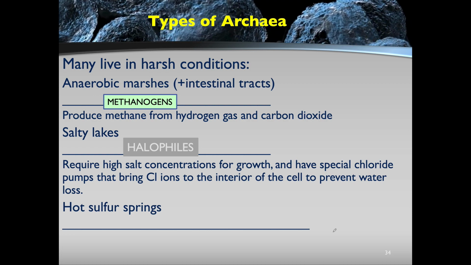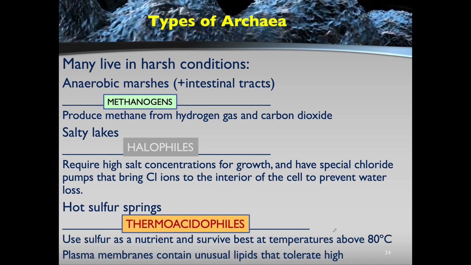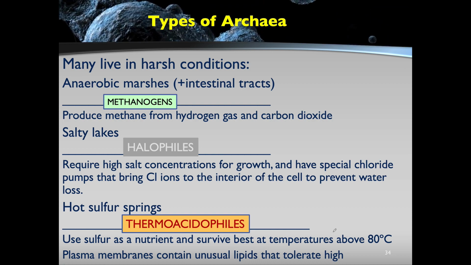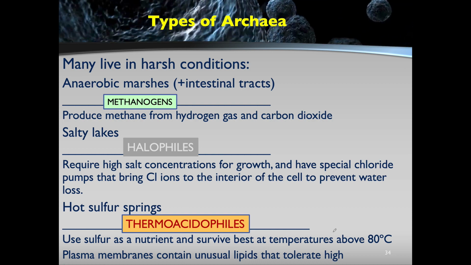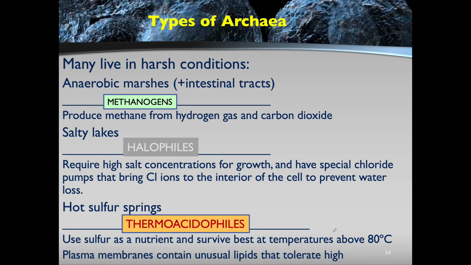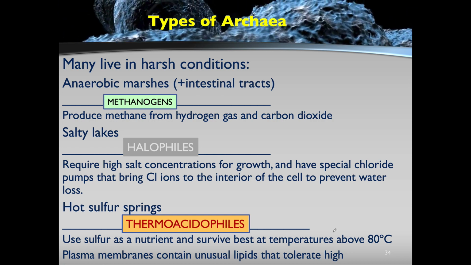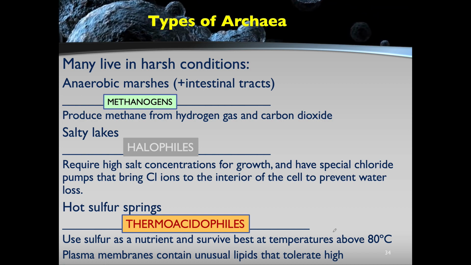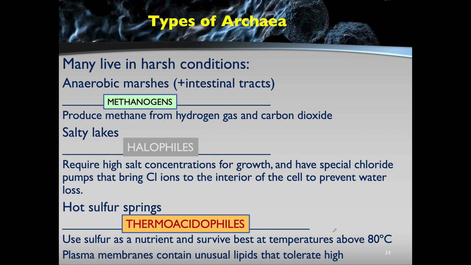In hot sulfur springs, you'll find archaeans called thermoacidophiles. And these guys are going to use sulfur as one of their nutrients and survive best at temperatures above 80 degrees Celsius. To put that into perspective, your body temp is about 37 degrees Celsius.